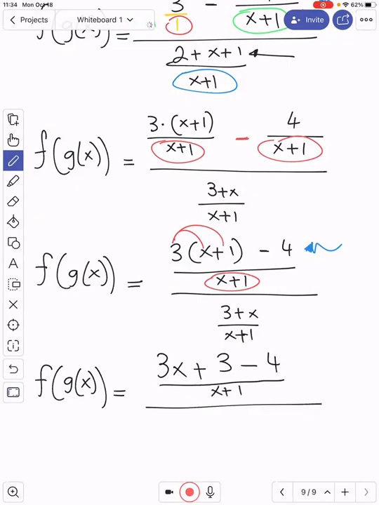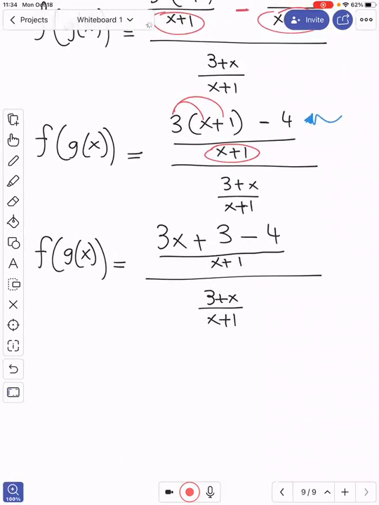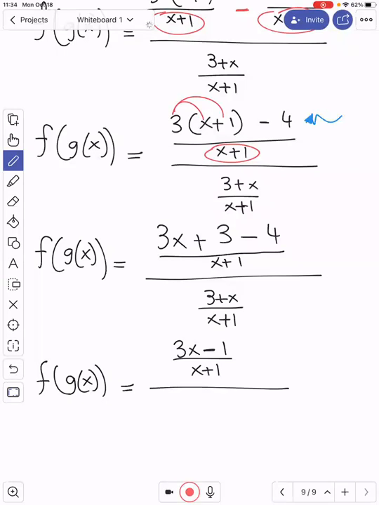And then we divide again by 3 plus x over x plus 1. All right. Now 3 minus 4, that will be minus 1. So my f of g is now 3x minus 1 over x plus 1 divided by 3 plus x over x plus 1.